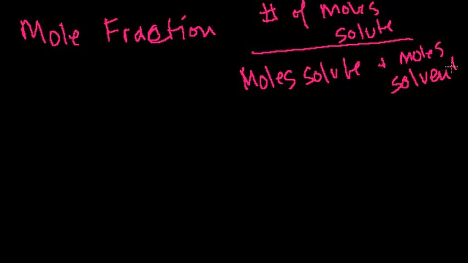And we did this when we figured out the partial pressure problems, because in order to figure out the partial pressure of something, you figured out the total pressure, and then you said what is the mole fraction of, say, oxygen in the mixture, and then you multiplied that times the total pressure.